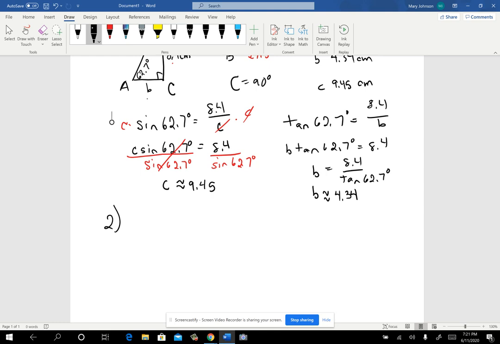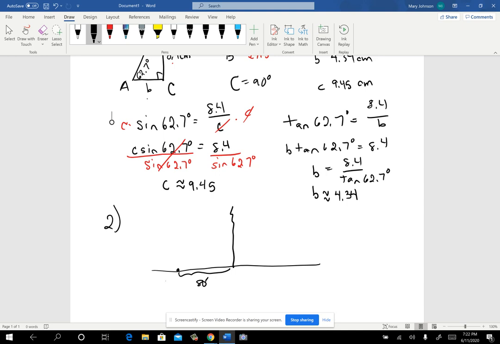Okay, so this is my Eiffel Tower right here. It said from a point on level ground 80 feet from the base of the tower, so the ground is level, and out here 80 feet away from the base, we know the angle of elevation.